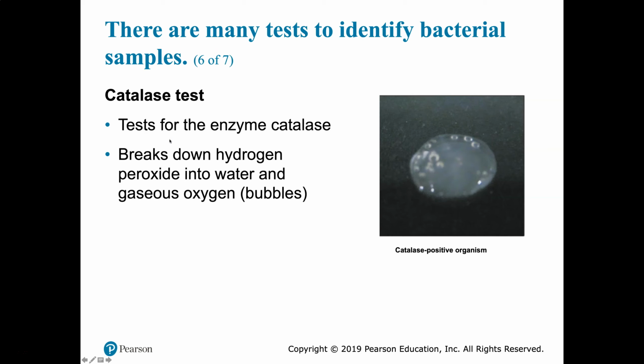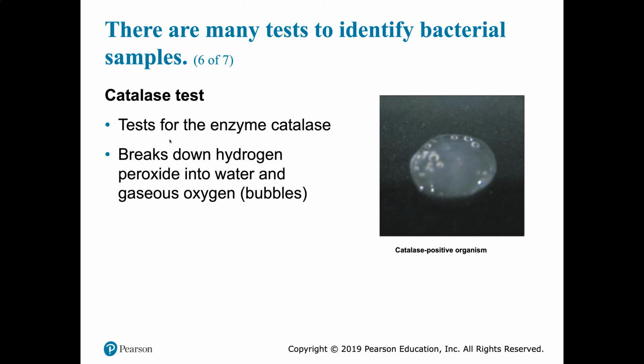Not all organisms have catalase. Obligate anaerobes lack catalase. They also lack superoxide dismutase. So from a simple test of hydrogen peroxide and whether it makes bubbles or not, you can say, all right, well, this is either an obligate aerobe or facultative anaerobe, but it can't be an obligate anaerobe because obligate anaerobes die in the presence of oxygen and they lack catalase.